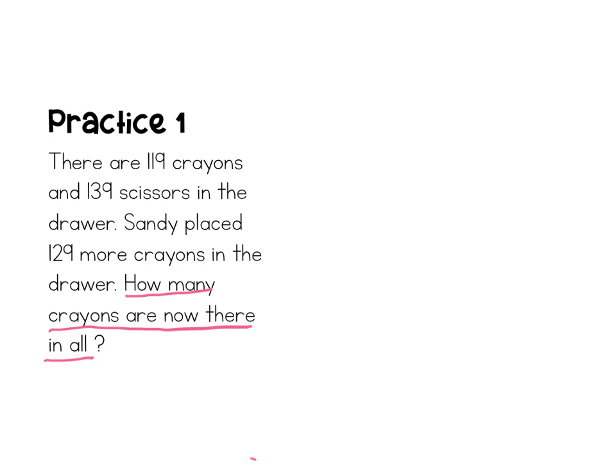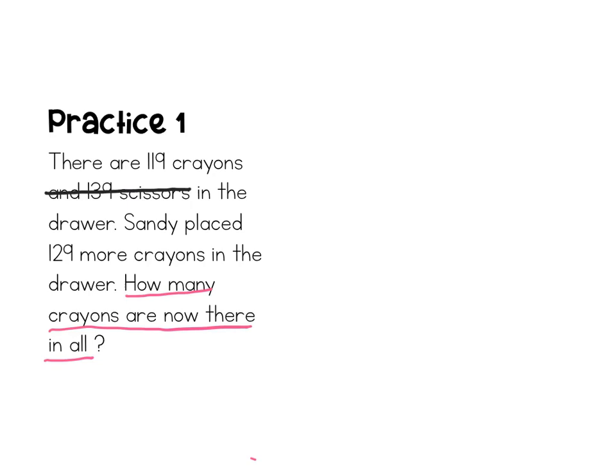Well, I can eliminate some information from this problem based on the question. It's asking me about how many crayons. So I don't need to know how many scissors are in the drawer. I only needed to know how many crayons were in the drawer. Now I need to decide which operation I'm going to do. It says how many crayons are now there in all.